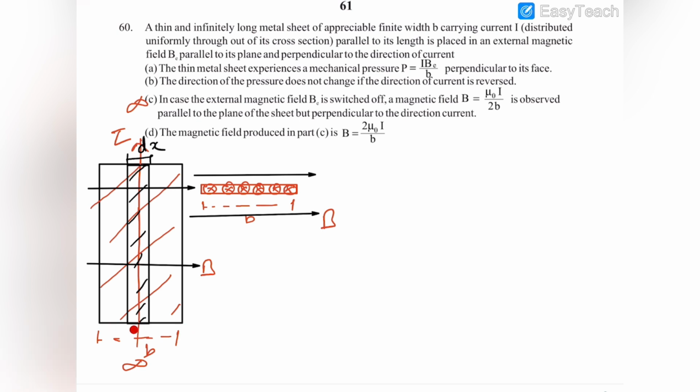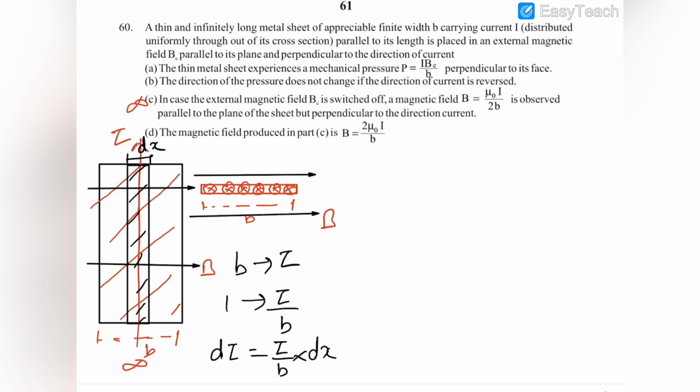From the complete width b, the current flowing is I, so per unit width the current is I by b. From this width dx, the current flowing, di, will be I by b into dx. This is the unitary method.